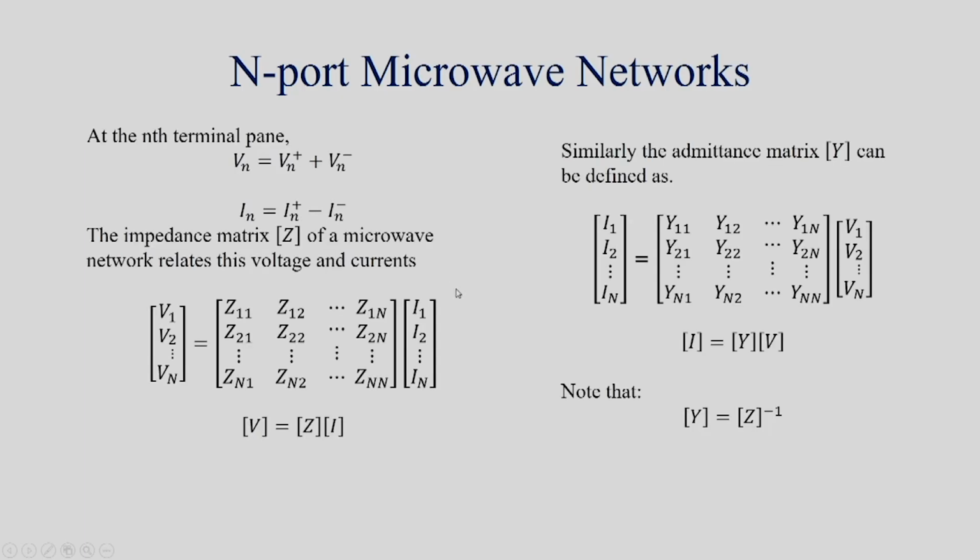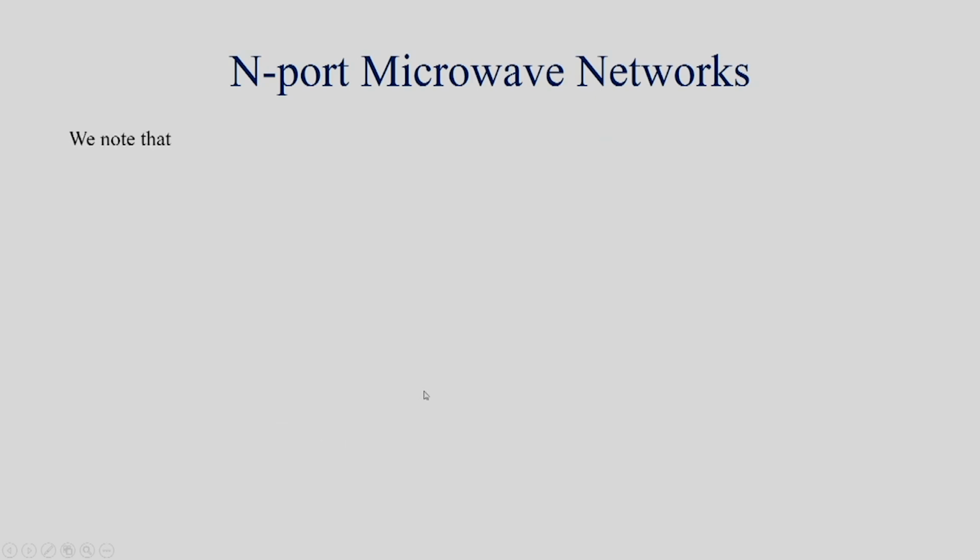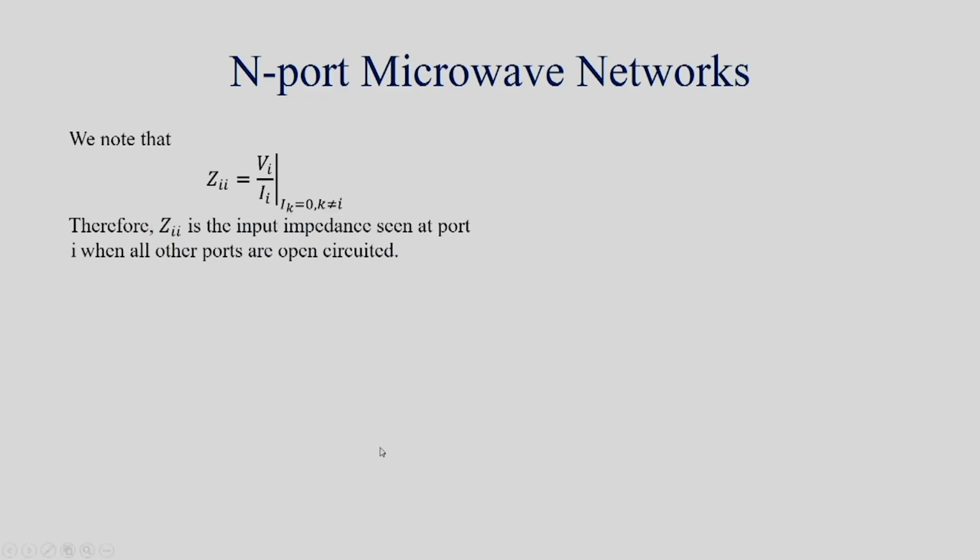So, going by the definition, Z11 will be V1 by I1 when I2, I3 up to In are all 0. Therefore, Zii is the input impedance seen at port i when all other ports are kept open circuited.